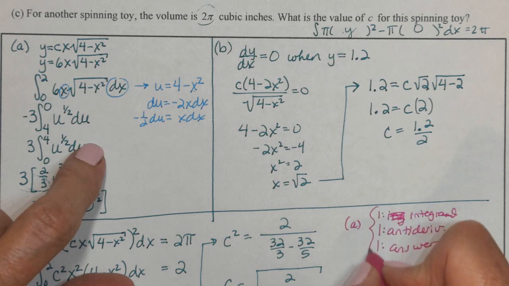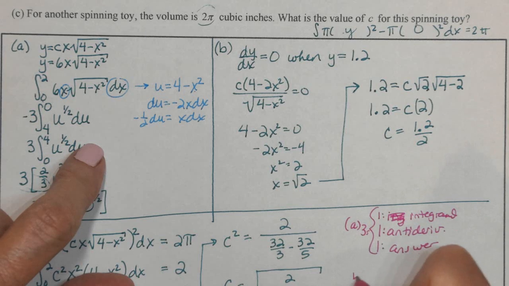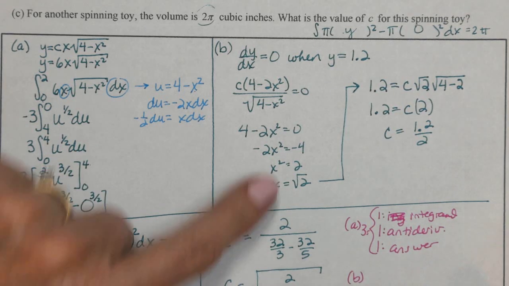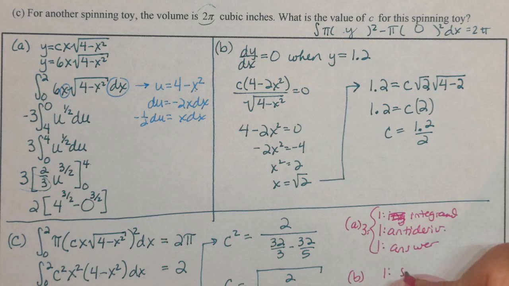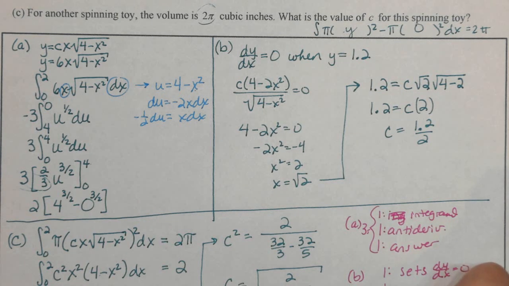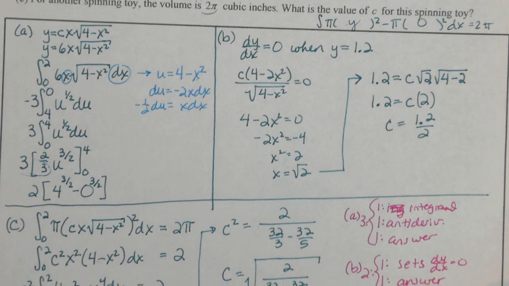So that was worth 3 points. Part B, over here, 1 point was awarded for just setting dy dx equal to 0. And then 1 point was for the answer. So that part was just worth 2 points.